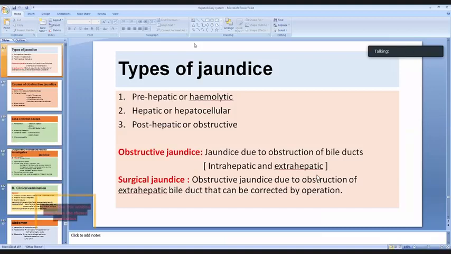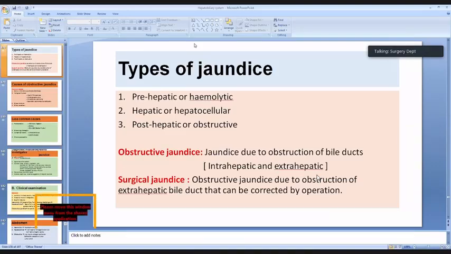But further, we know the obstruction in the intrahepatic biliary tree cannot usually be corrected by surgical means, but the obstruction outside the liver in the hepatic duct or common bile duct can be corrected by surgery. And that's why the latter part of this jaundice is called surgical jaundice. That can be corrected by operation.